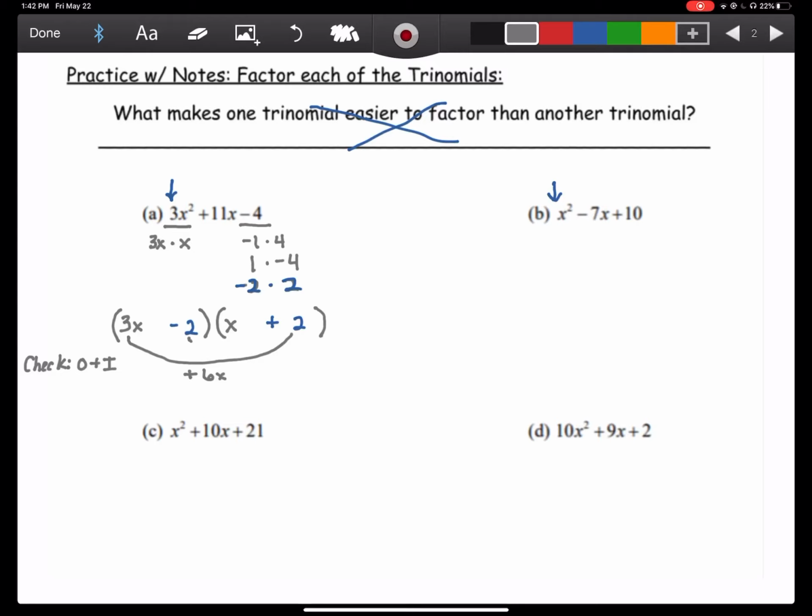When the inner times the inner occurs, we get -2x. When those two terms add up, so this is the outer plus the inner, unfortunately, we get +4x. Since we want +11x, this is not correct.